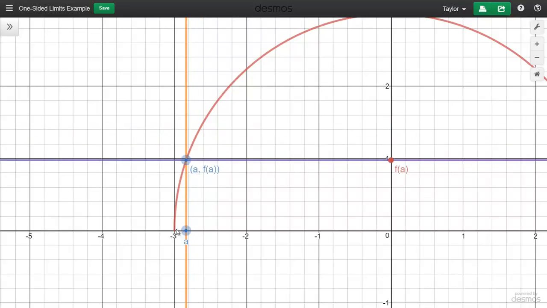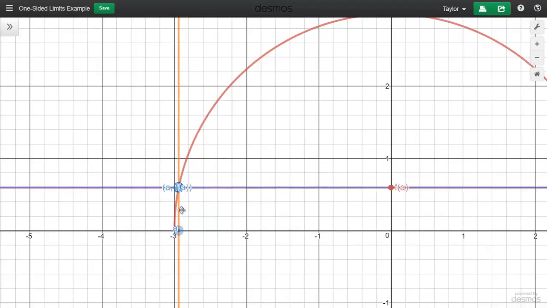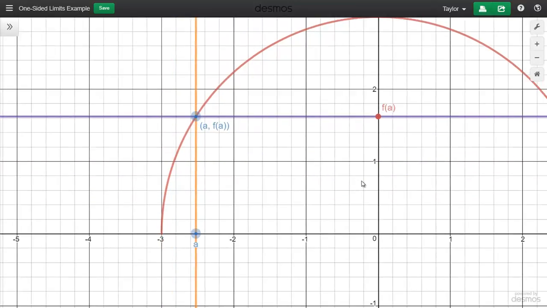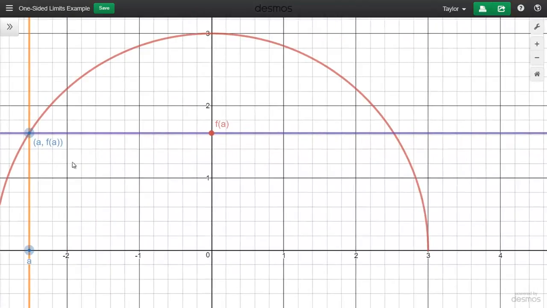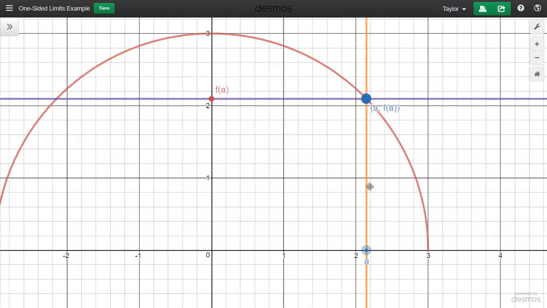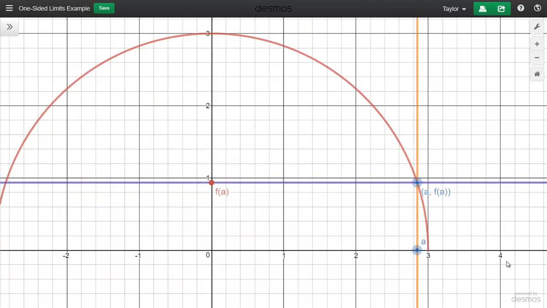In general, the two-sided limit does not exist here, because the one-sided limit on one side doesn't exist at all. But a one-sided limit does exist. This is why the concept is important: there will be times where a left-hand limit doesn't exist, but the right-hand limit does. Over here, the left-hand limit exists, but there is no function on the right, so the right-hand limit does not exist.